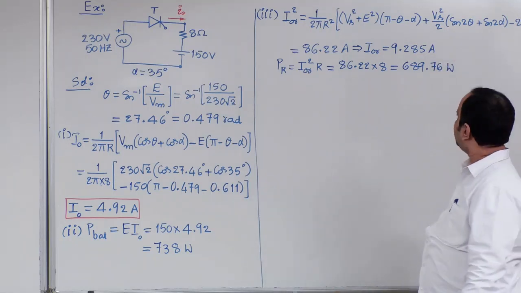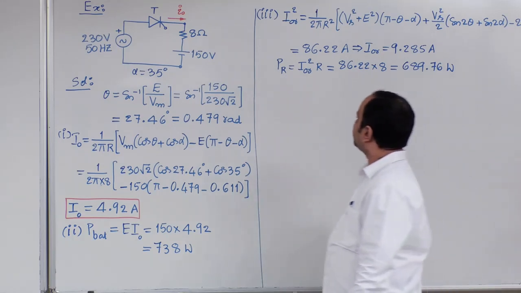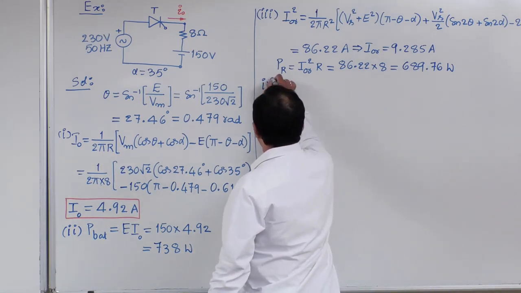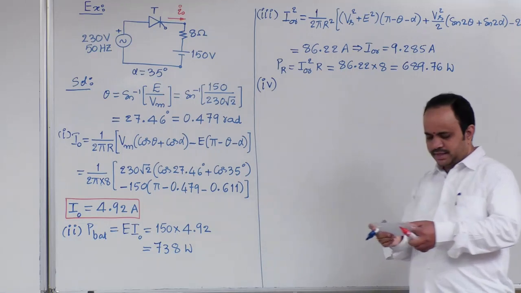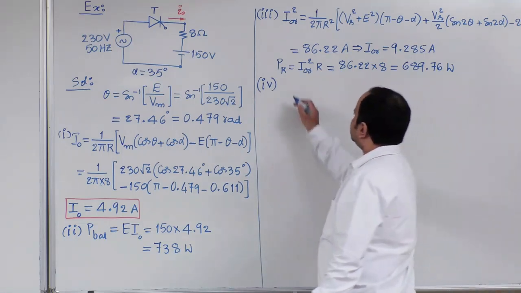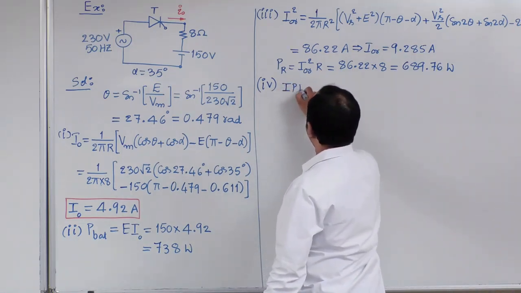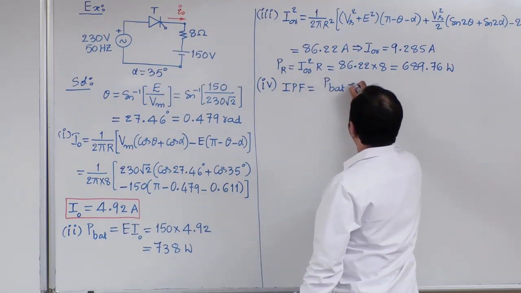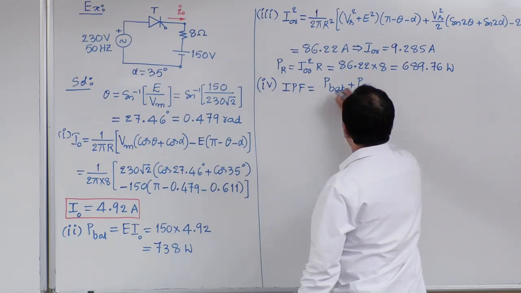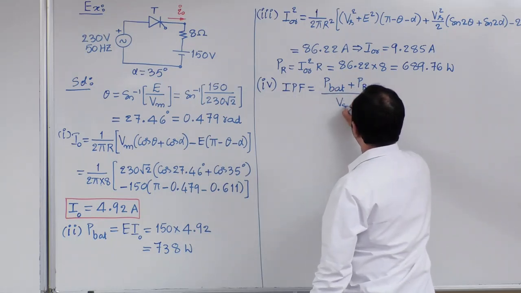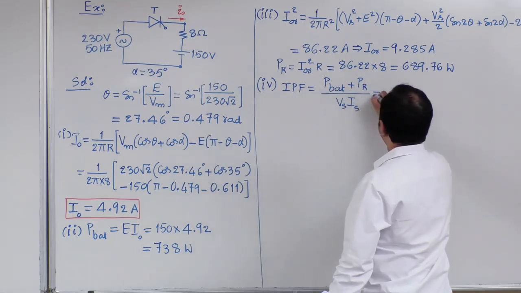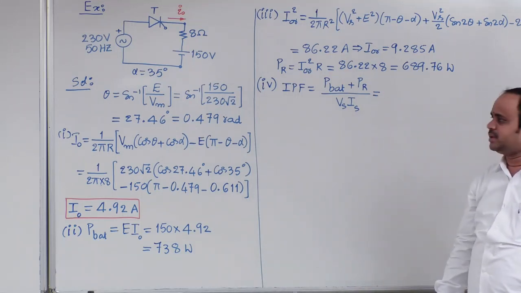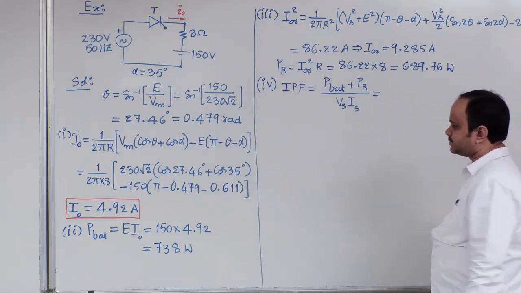Okay. Next, fourth question, that is input power factor. IPF is equal to power consumed by the battery plus power dissipated in the resistor divided by source volt ampere, Vs into Is.